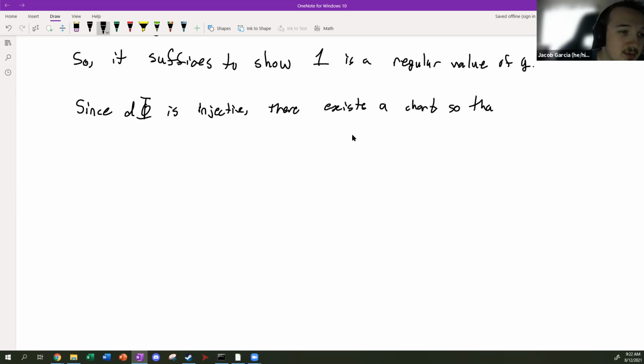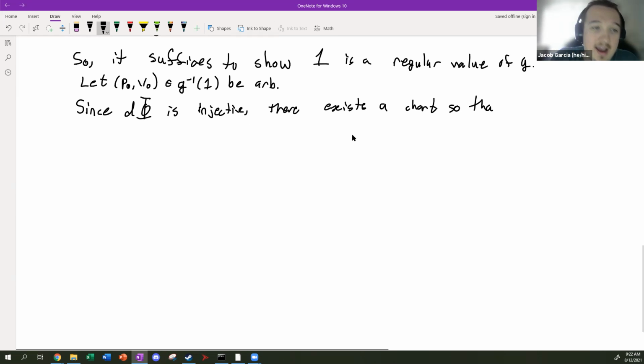Actually, I'm going to let P naught V naught be a particular element in the preimage of 1 under G. Just let this be arbitrary.